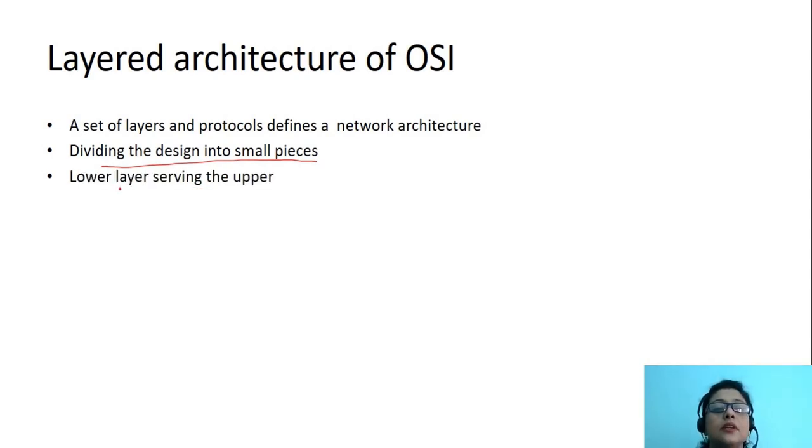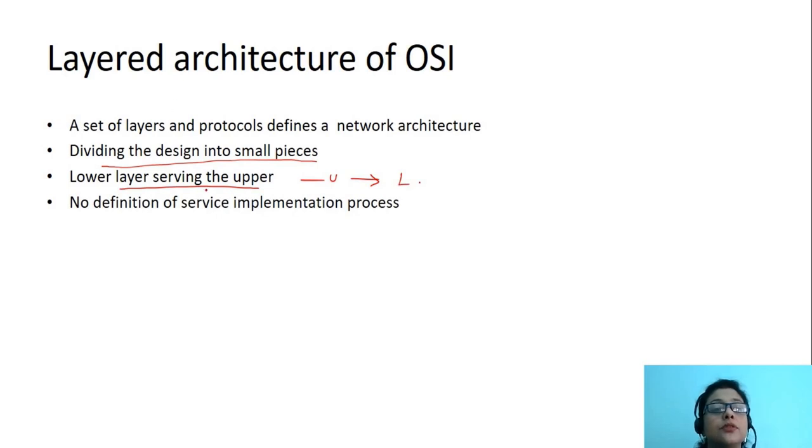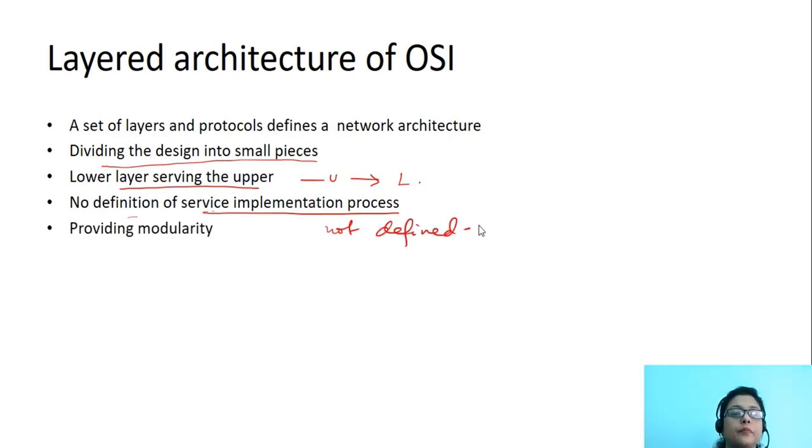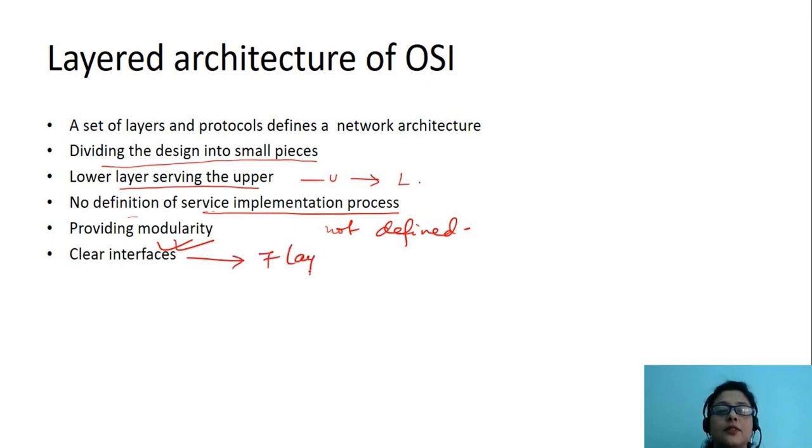The lower layer serves the upper layer, and the upper layer in turn is served by the lower layer. But for serving the upper layer, there is no definition of the service implementation process. How the service is getting implemented is not defined. This provides modularity, and it has clear interfaces of all the 7 layers.